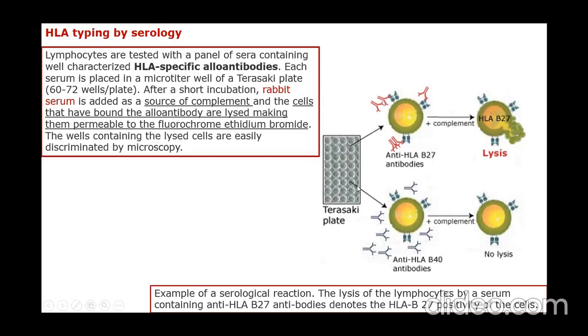Based on this, you say that this well has HLA B27. If they don't have it, for example another antibody, HLA B40, it's not there here. Then there is no complement. You added the antibody, no reaction is happening. So you can say that this donor doesn't have HLA B40, but he has HLA B27. This is a match. You can match it with the recipient and go ahead.